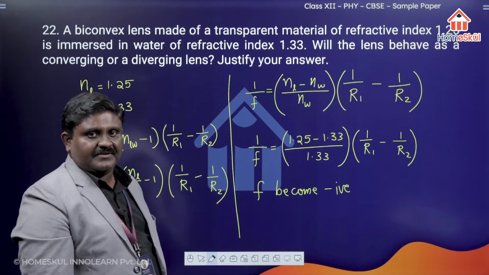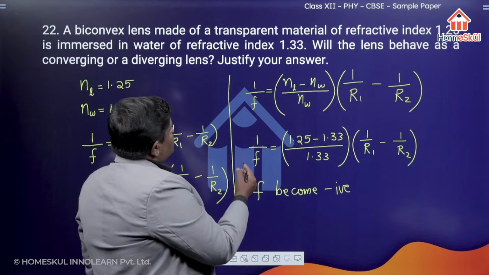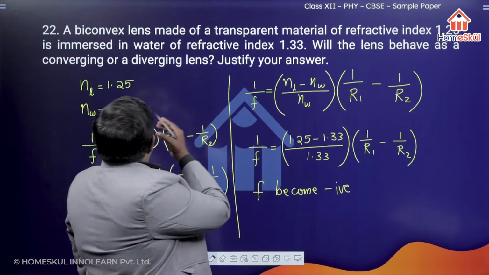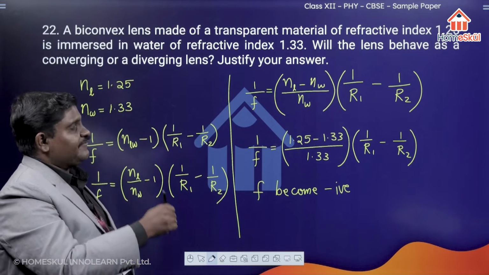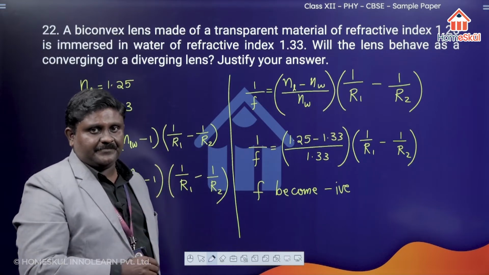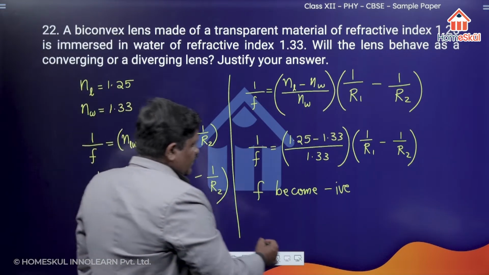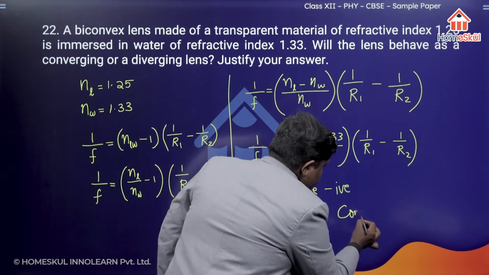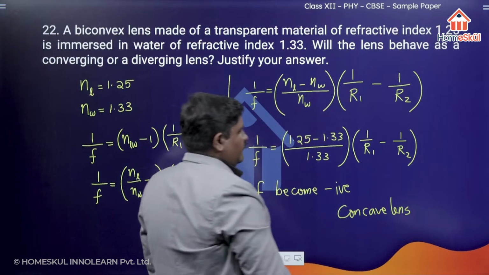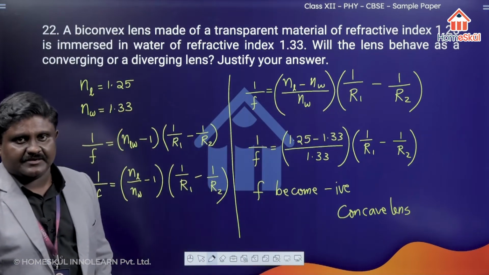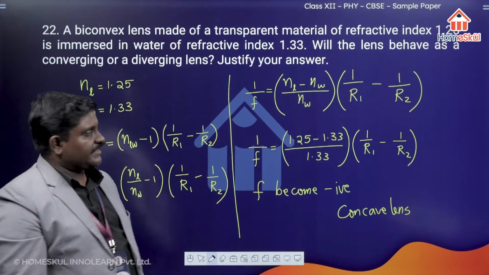Yes, concave. So the biconvex lens, when immersed in water having refractive index of 1.33, will behave as a concave lens. Clear?